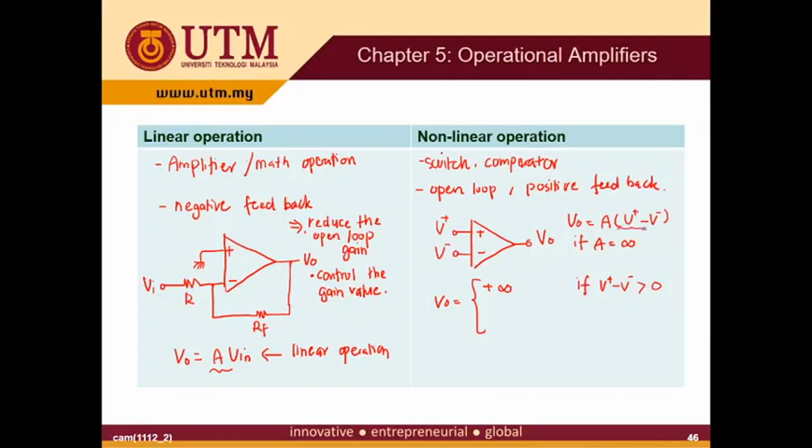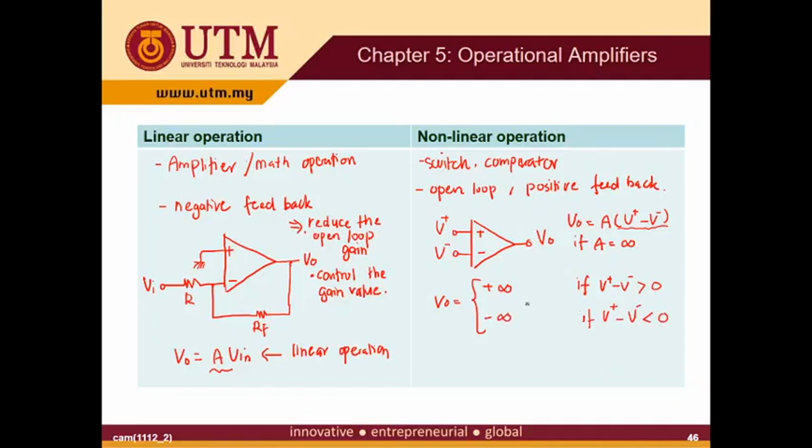If this value is positive, V out will become positive infinity. If V plus minus V minus is a negative value, what happens to the V out? This is negative infinity.